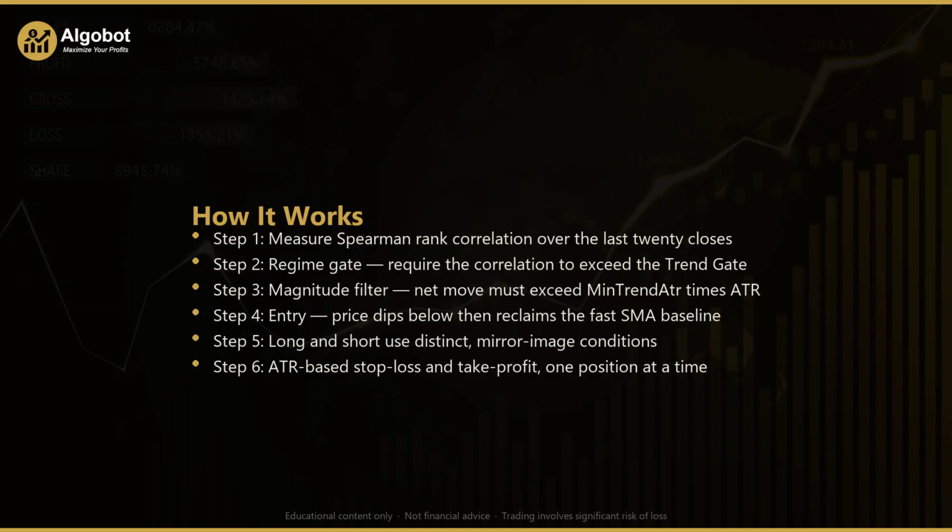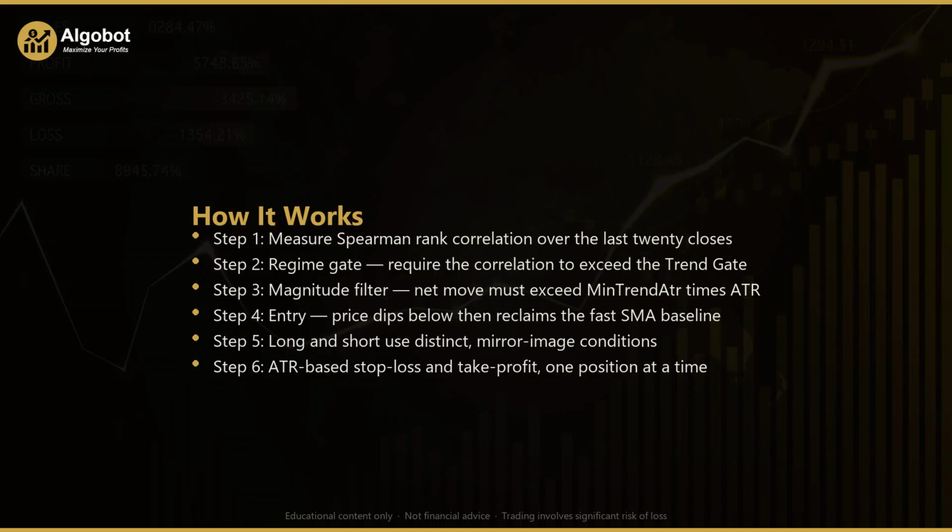Second comes the regime gate. The default trend gate is 0.50. If rho is greater than or equal to +0.50, the strategy considers an uptrend in force. If rho is less than or equal to -0.50, it considers a downtrend in force. Anything in between is treated as chop, and the strategy simply waits.